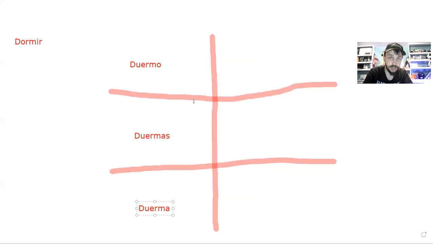Actually, no, that's the subjunctive. Hold on just a second. That's actually the subjunctive. Whoops, my bad. This is actually duermes in the indicative. Tú duermes, because this is the indicative present tense I'm going over.